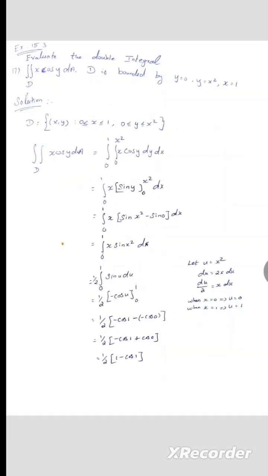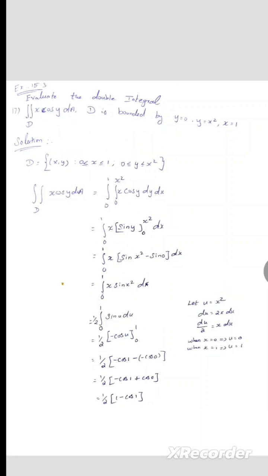And the limits also will change, because 0 to 1 is the limit for x. Now we are changing the variable, x to u. So we are not supposed to apply the limit of x to u. So we have to find the limit for u. When x is equal to 0, the value of u is 0 square, which is equal to 0.